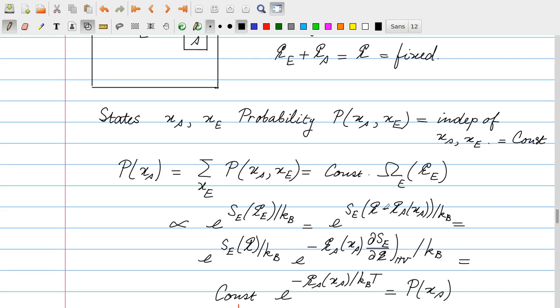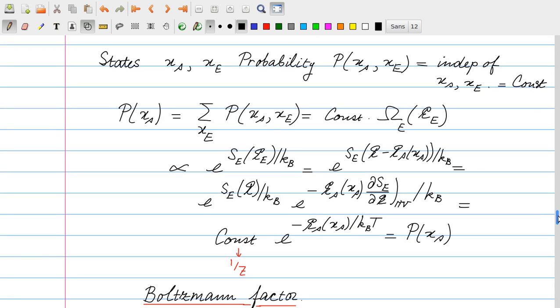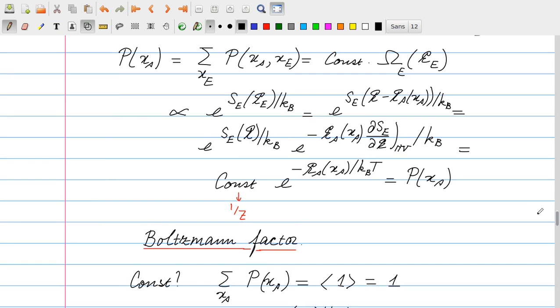So the first order Taylor term gives me minus E_S of x_S times the derivative of S with respect to E. But we know exactly what this derivative of S with respect to E is, because we know from thermodynamics that it is 1 over T. And so we can write then the first term here as a constant, and the remainder is minus the energy of the system when we have the system in a state x_S, and we divide that by k_B T. And so this is the probability for a particular state x_S of the system which is in contact with a large environment, a much larger environment, and this probability distribution is well known.